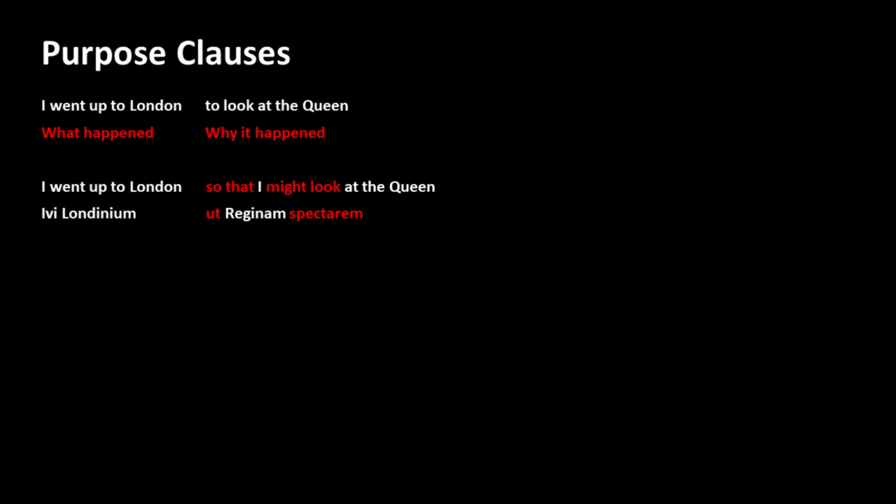I went up to London to look at the Queen. It is a clear and natural construction. It does all that you could want of a purpose clause. It says what happened, and it says why it happened. The more elaborate English version, I went up to London so that I might look at the Queen, is something that has come into English under Latin influence.